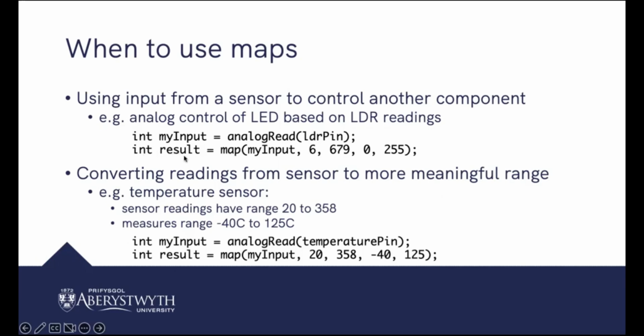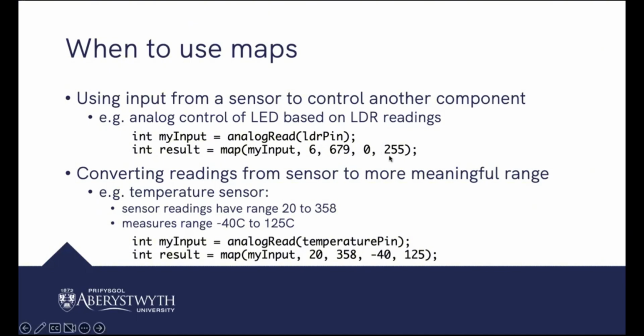I'm storing that in my result. I can then use that as an analog write to the LED, using the result as the value there. And that would adjust the brightness of the LED based on the reading from the LDR.